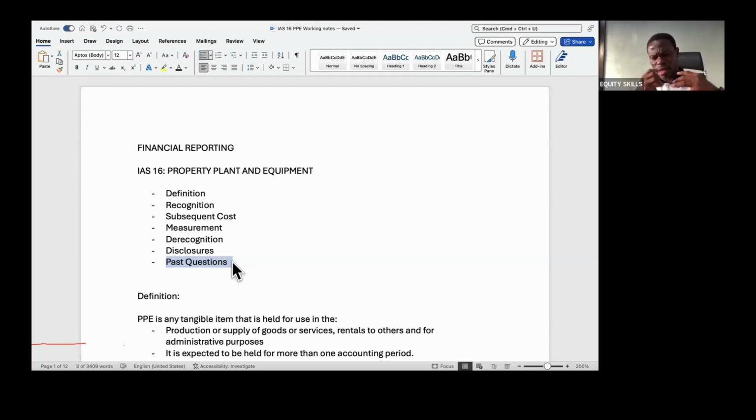Now, cost model, evaluation model, there's depreciation that is very important for the two of them. I also explained that to you, that depreciation is not reduction in the value of an asset. Depreciation is not loss in the value of an asset. Depreciation is not setting money aside to replace an asset.